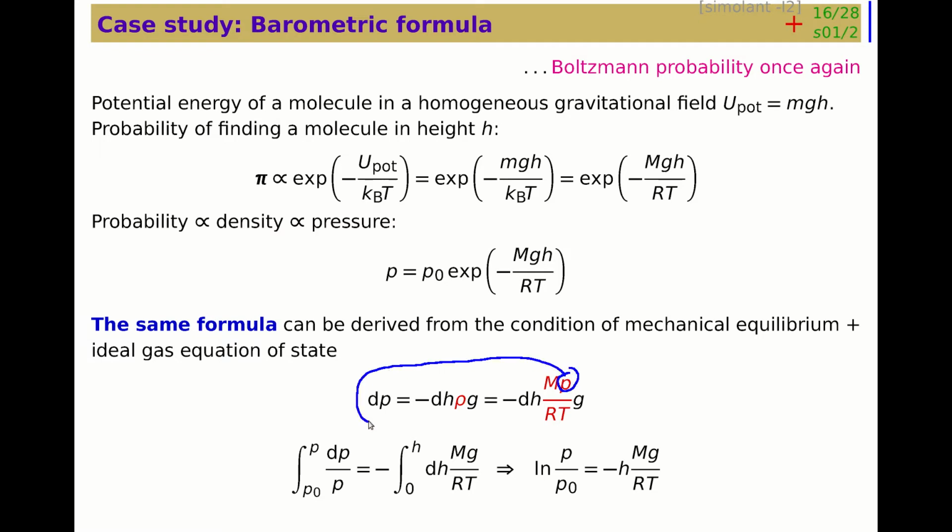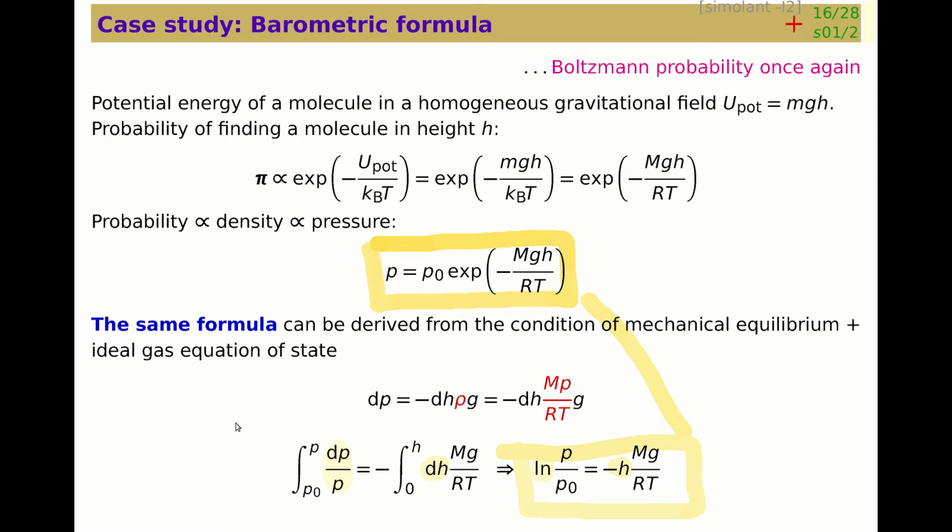So pressure will be put here, and the rest is here. Then we put integrals over both sides and integrate. Here this ratio gives a logarithm, and the integration of this element gives only h, the height, and this is the same as this formula.